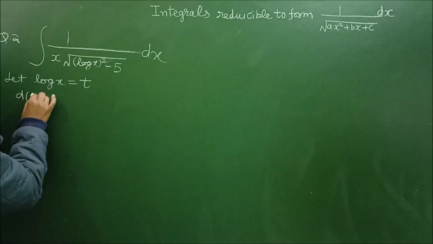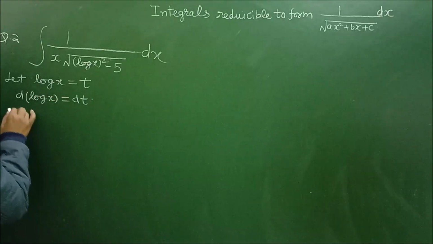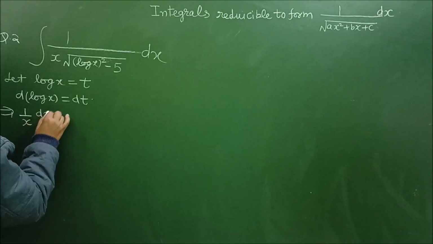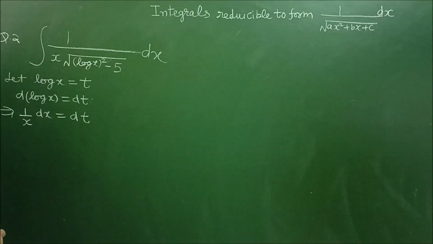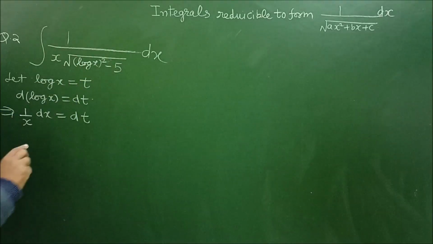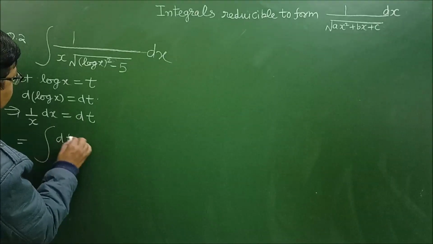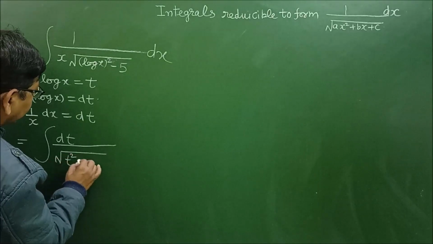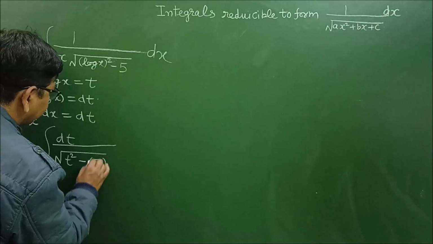Differentiating both sides, the derivative of log x, 1 upon x dx, is equal to dt. Now 1 upon x dx in this integral can be replaced by dt. So this integral reduces to the form dt upon under root of t square minus, and this 5 can be written as (root 5) square.